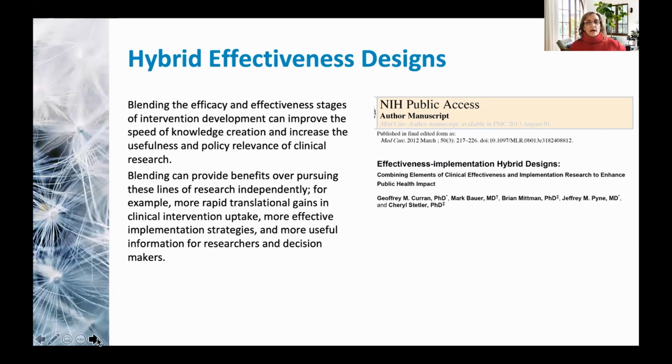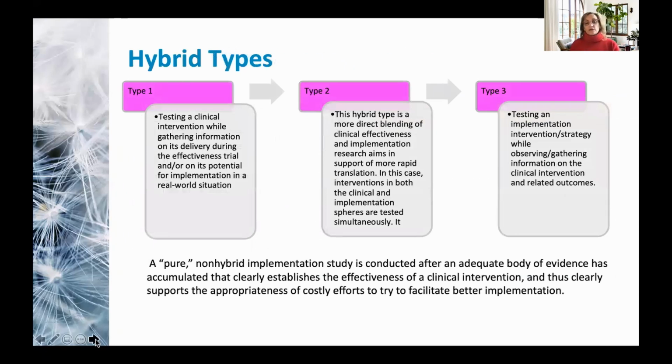And so Jeff Curran and his colleagues in the United States slowly started to conceptualize and write about this hybrid effectiveness design, where you're actually merging clinical and implementation effectiveness questions together at the same time, which makes things move along more quickly and efficiently. You can look this up later if you're interested. He's written about 3 types of hybrid designs.